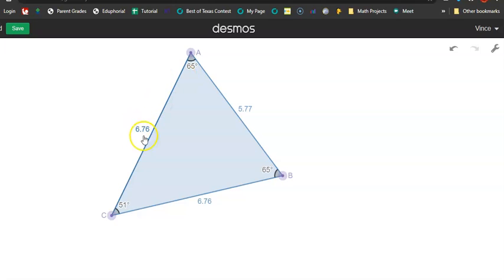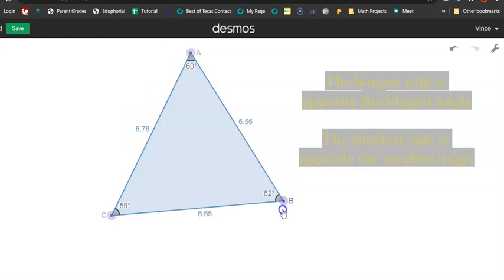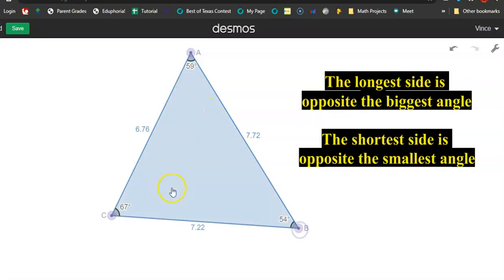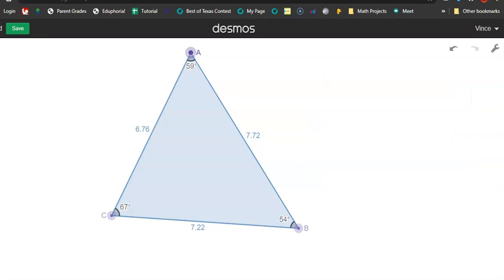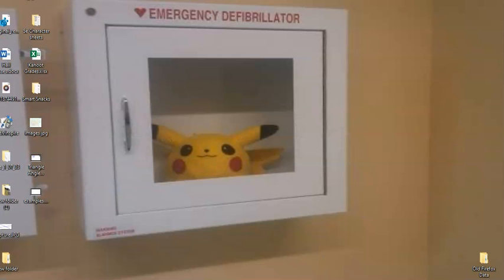So if you have congruent sides, the angles will be congruent. But if the sides are not the same, the biggest angle, 67, is opposite my biggest side, 7.72. The smallest angle, 54, is opposite the shortest side, 6.76.